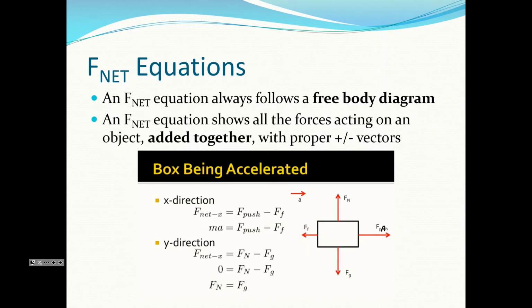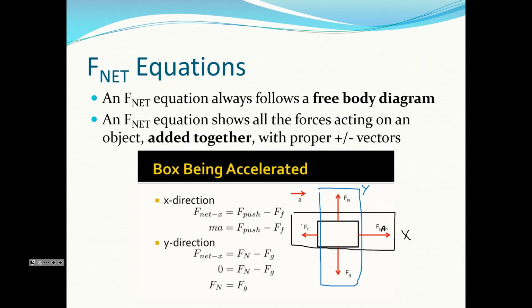When writing an FNet equation, the mistake that people make when they start off is they sort of combine them all. We have these forces, which are in the x component, and then we have these forces, which are in the y component. It's important that we keep these separate.